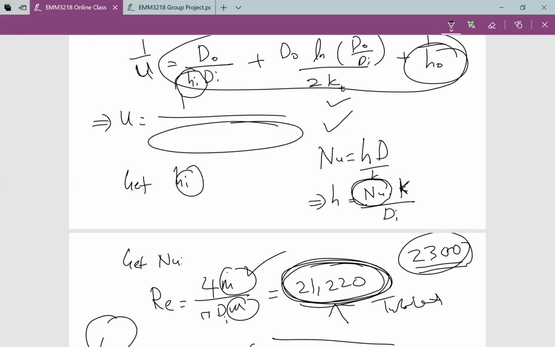You have a number of turbulent correlations: 1, 2, 3. Each has a Prandtl number range. What is the Prandtl number given? 6.6, isn't it? And the Reynolds number range is also given.